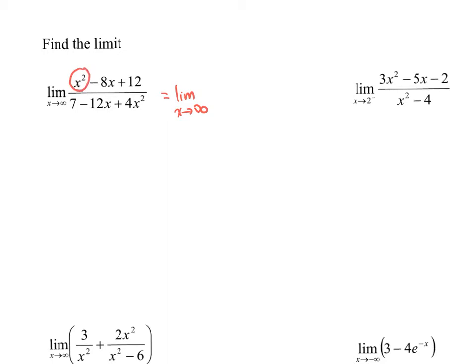So x squared is the highest term in this one, and x squared is the highest term in this one, so all I have to do is take those two leading terms. The nice thing in this case is the x squareds cancel. So this just becomes the limit as x goes to infinity of 1/4, which is just 1/4. So as you go to positive or negative infinity, we're going to 1/4.